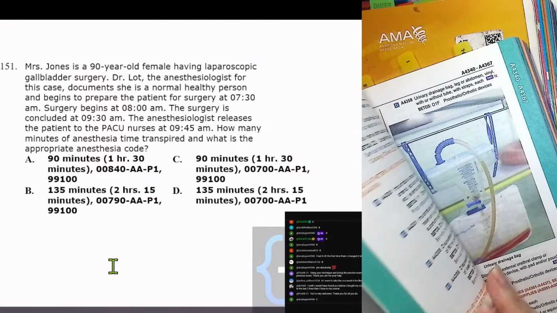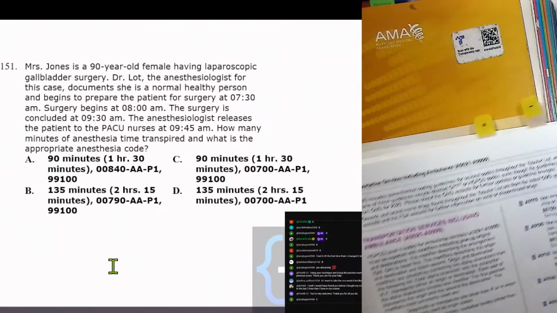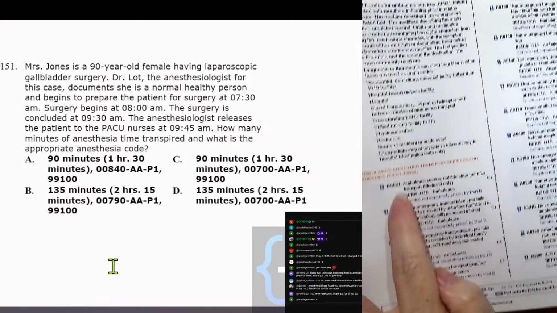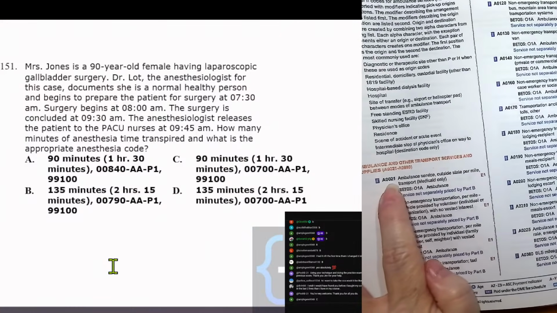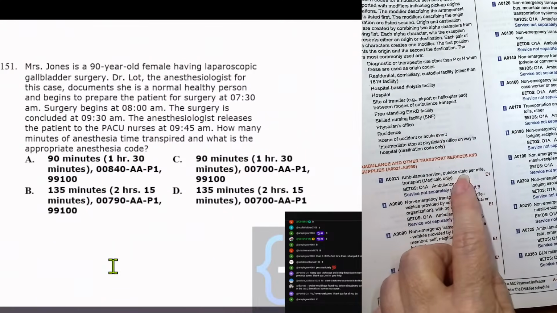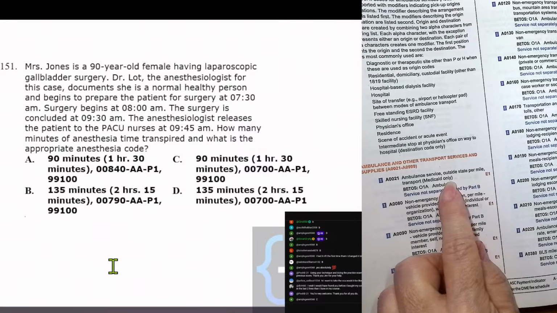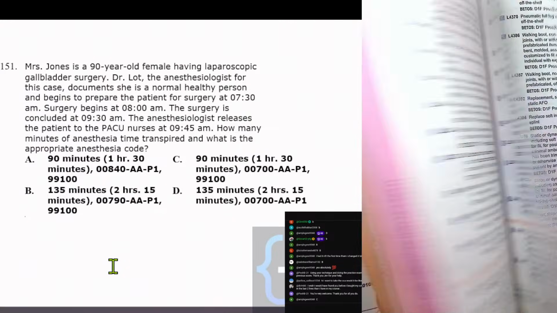So if you go to any HCPCS book and you go to your very first HCPCS code, which is A0021, which is an ambulance service outside a state park per mile transportation Medicaid only code. It's just the very first code in your HCPCS book.